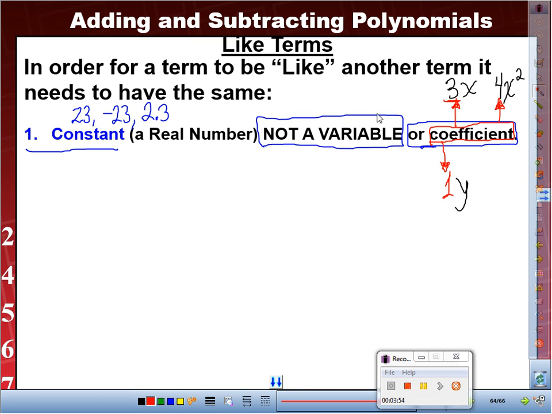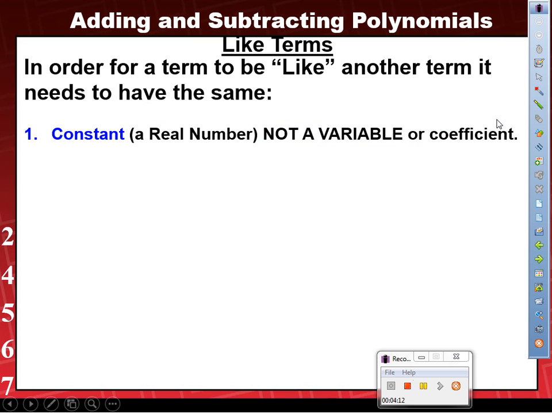Okay. So look at this polynomial. Tell me which are the constants in there. Constants. 8, 4, 5, 6.